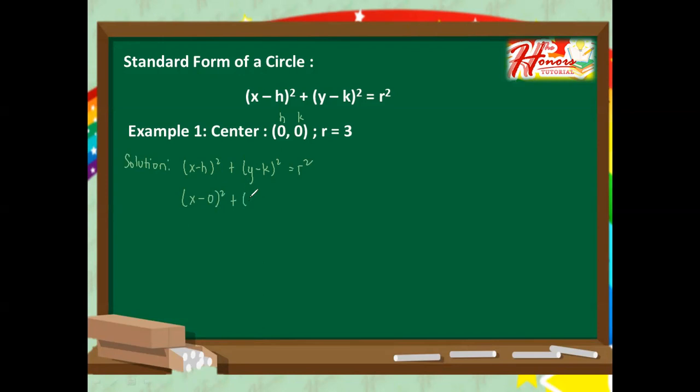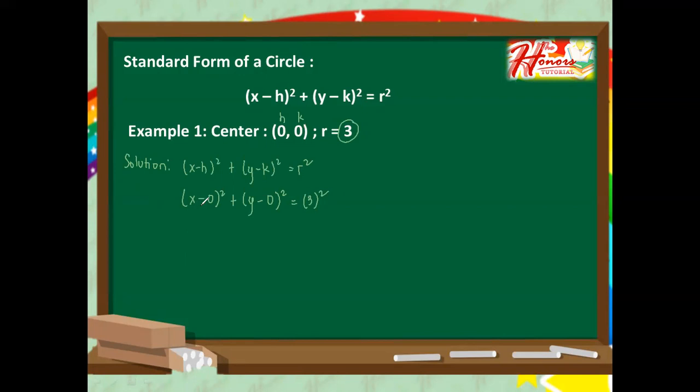Plus the quantity of y, we don't have any value for y here, so we will just copy y. Minus k is 0. Raised to 2 equals r. Your r here is the radius, which is equal to 3. So we have here 3 raised to 2, or 3 squared.